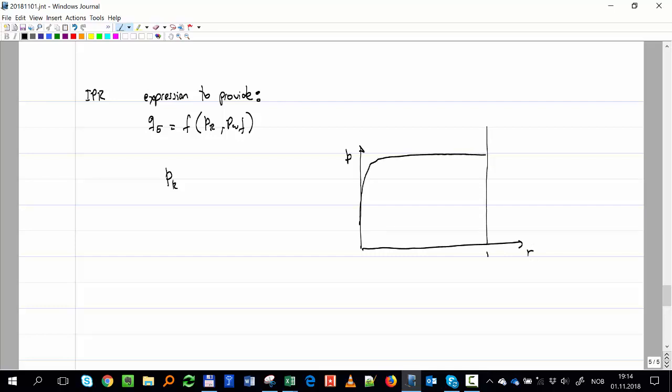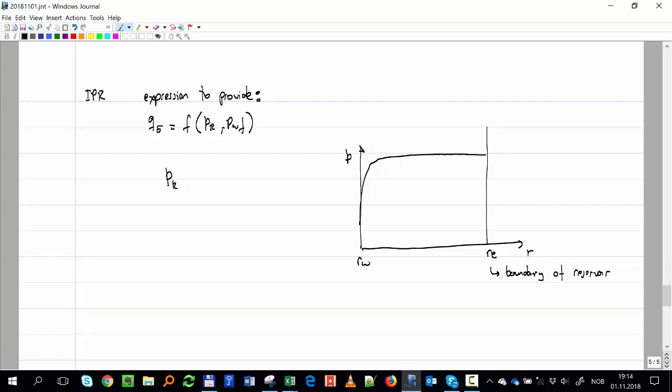That will be up to RE, that's the extension. If you remember, it was on Tuesday. So that will be the boundary of the reservoir, and that will be RW. So it's the average pressure in that volume.